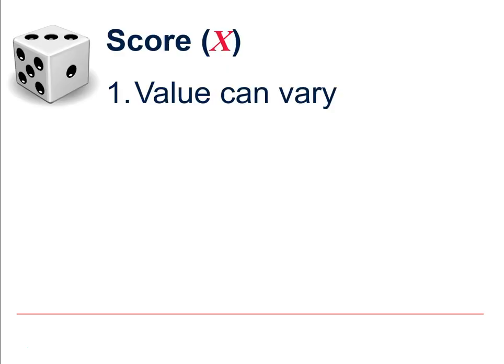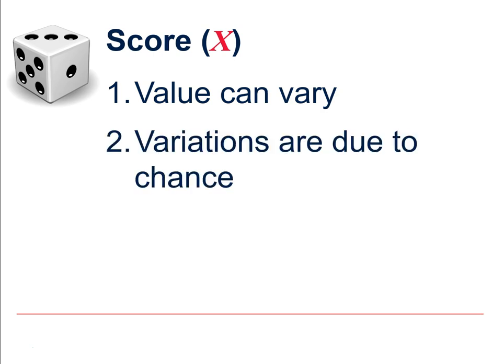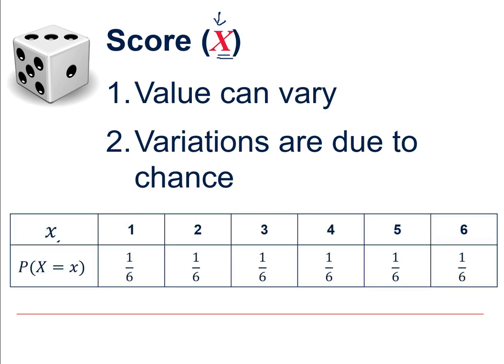So with a normal six-sided die, the score has a value that can vary: 1, 2, 3, 4, 5 or 6, and the variations in the score that we obtain on the roll of a die are due to chance. And do notice that the score is indicated with a capital letter X, and that's our random variable.